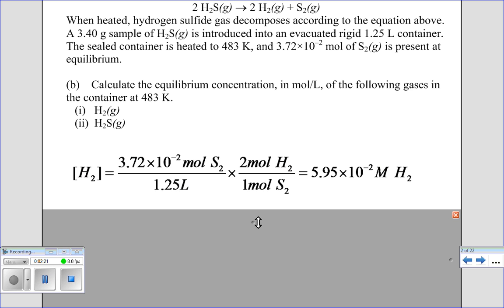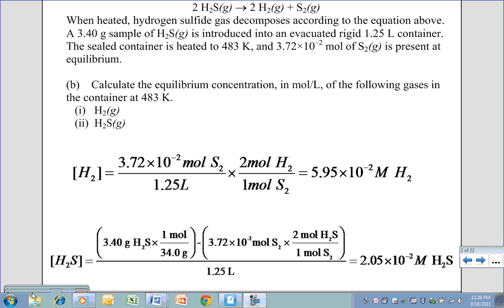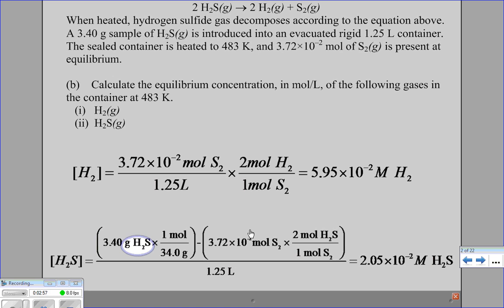For H2S, it's a little different because I started with some and some went away. But the amount that went away is easy to figure out. First of all, what we started with was the grams given up here, and the molar mass of H2S is close enough to 34.0. So this first term would just give us our moles of H2S. So this whole thing right here is just moles of H2S.